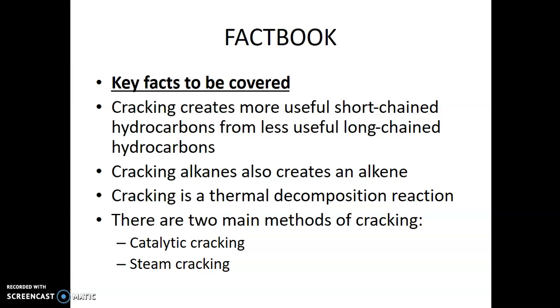Cracking alkanes also creates an alkene. Cracking is a thermal decomposition reaction because it uses heat to break down large hydrocarbons. And there are 2 main methods, catalytic cracking, which uses a catalyst, or steam cracking, which just uses steam at a very high temperature. I hope that's been of some use to you.